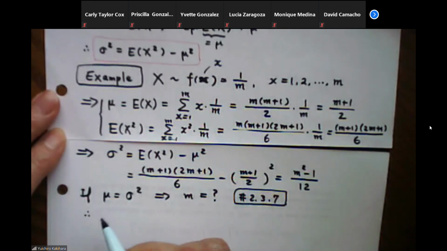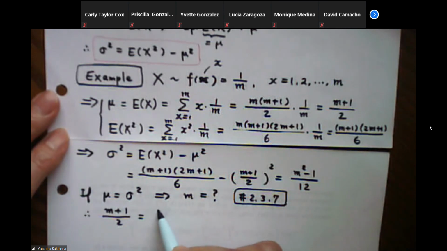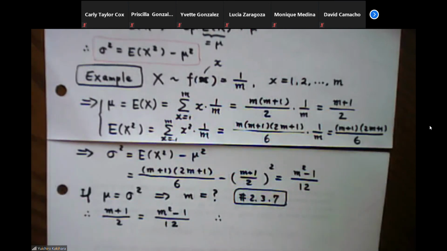So what we have is (m plus 1) over 2 is equal to (m squared minus 1) over 12. Then we can cancel m plus 1, since m plus 1 is in both. So we have 1/2 equal to (m minus 1) over 12.